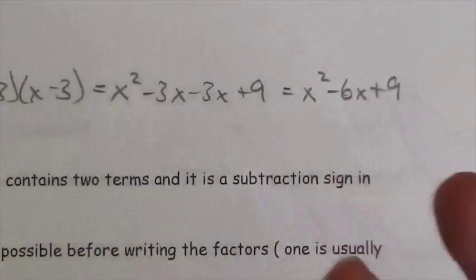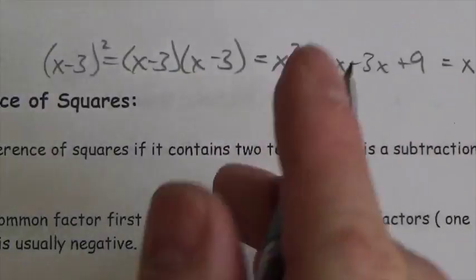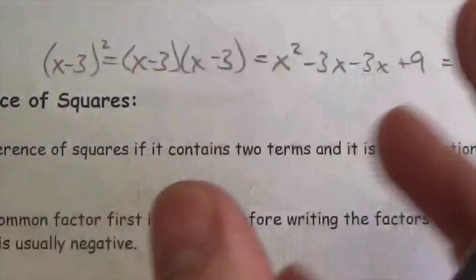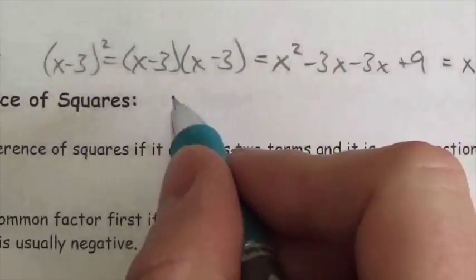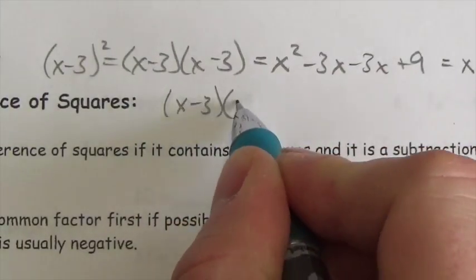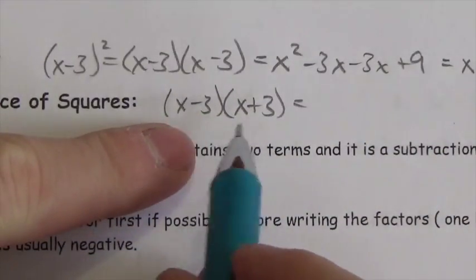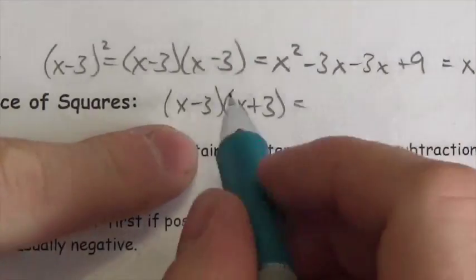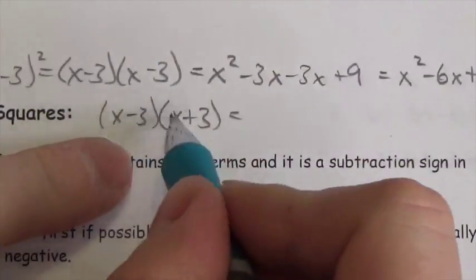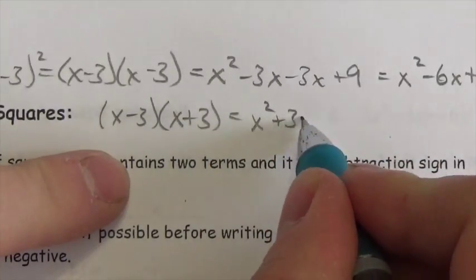Now, the rule that is sort of being attempted here is this one. Let's say you've got x minus 3 and you multiply this by x plus 3. Notice that I'm not squaring anything, but watch what happens when I multiply that through. X gets distributed to the x, so we get x squared and then 3x.